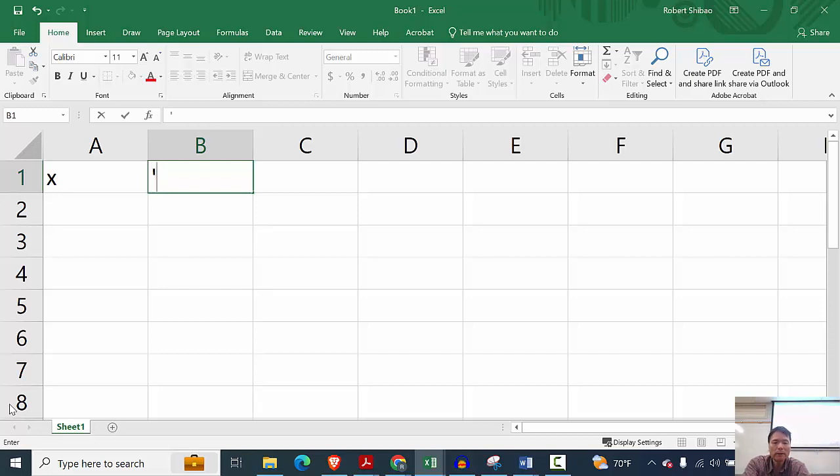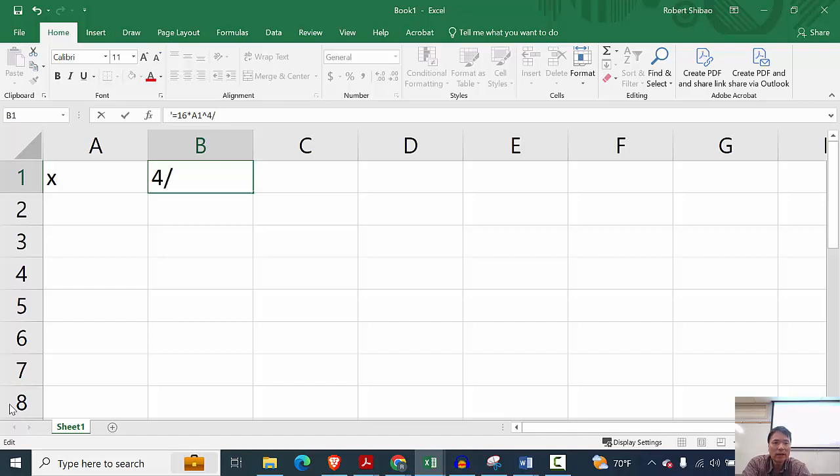And that is, I'm going to say this is going to equal 16x, where x is going to be cell A1. So I'm going to just say this is going to equal 16 times A1, and then I'm going to raise A1 to the fourth power.